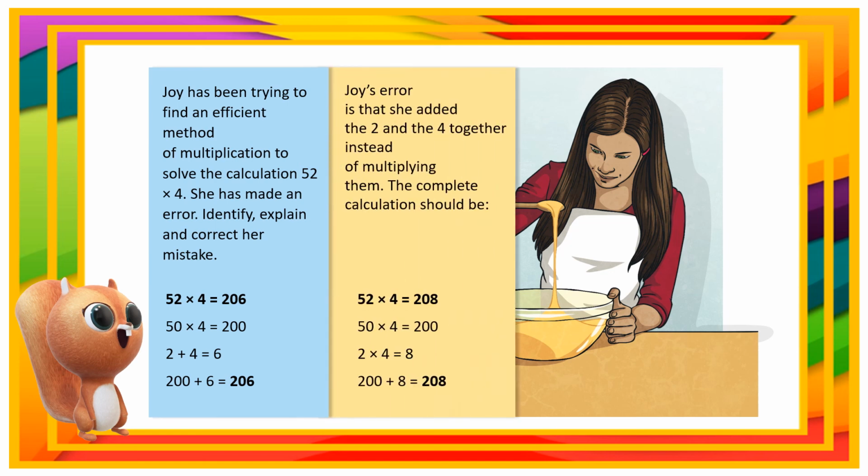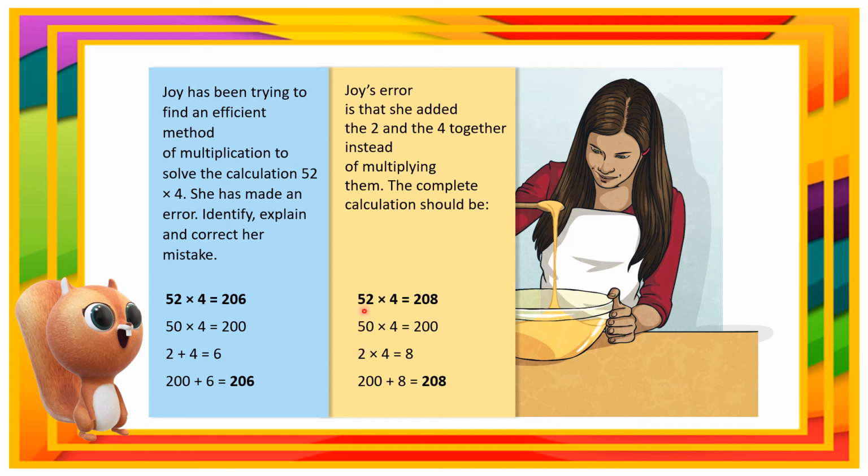Welcome back. Let's see if your answer is the same as mine. Joy's error is that she added the 2 and the 4 together instead of multiplying them. The complete calculation should be 52 multiply 4 equals 208. Why?